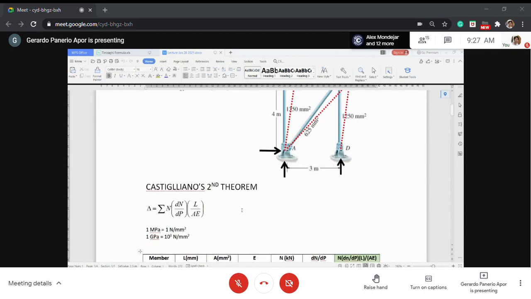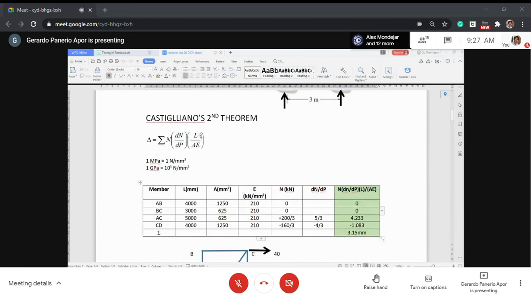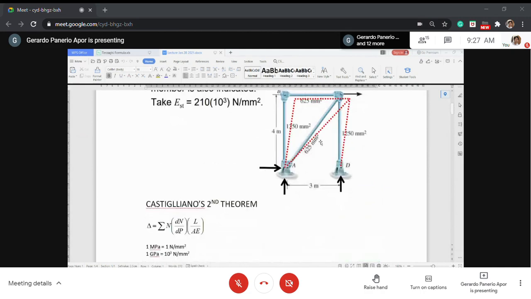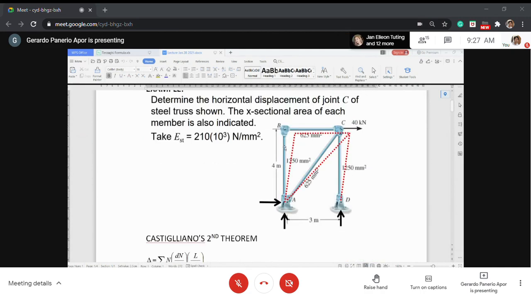So first, you have to consider the given. The last parenthesis here in the formula, L over AE, is what we call the stiffness. This is the stiffness. They are constant. You can use the given. L can be determined from the geometry.